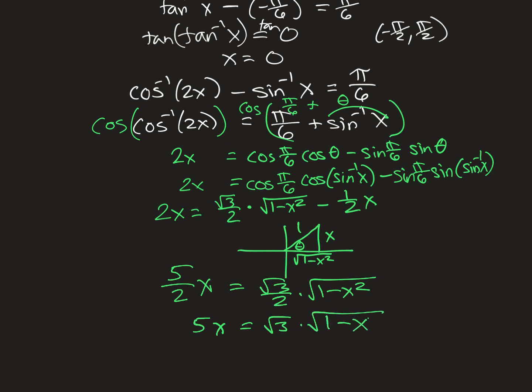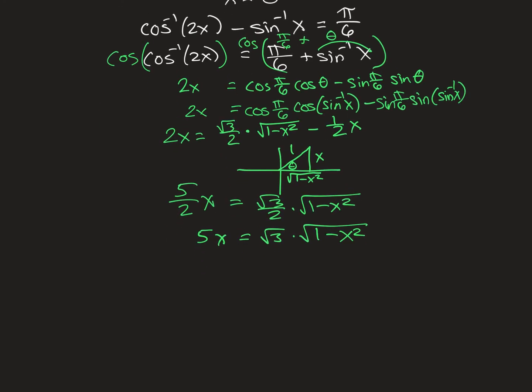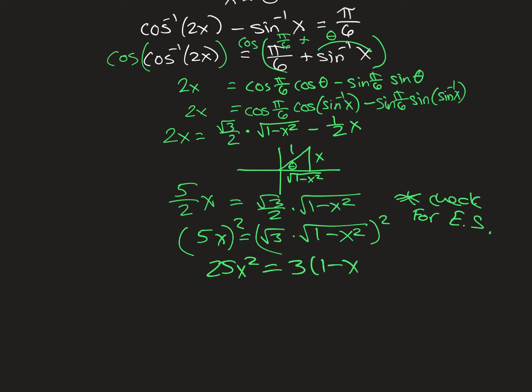And now I've got to square both sides because I'm solving for x. So I've got to get that x squared out of the root. So let's square both sides. But remember, when we square both sides, we need to check for extraneous solutions. All right, so I get 25x squared equals 3 times 1 minus x squared. So 25x squared equals 3 minus 3x squared.